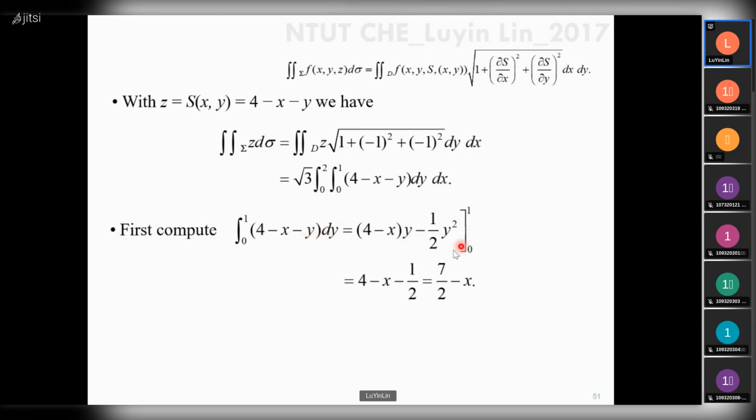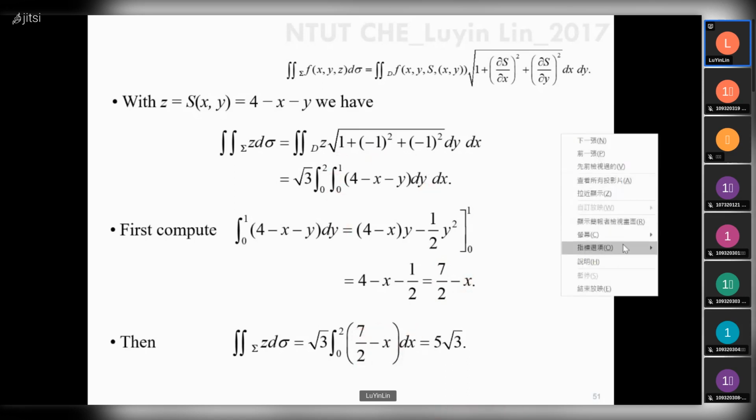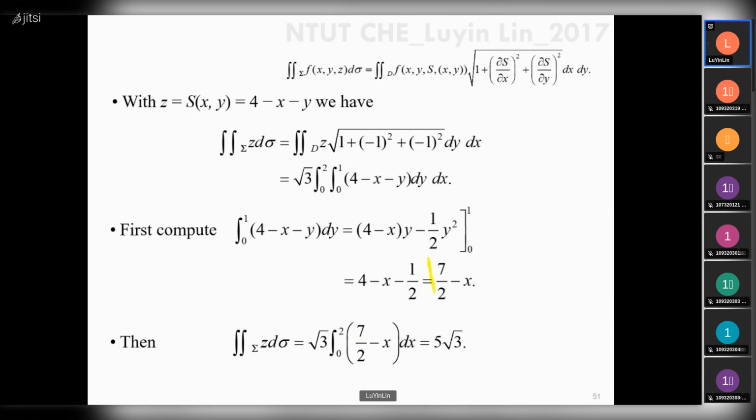The integral of y is this. Put 0 to 1 inside, and you get this answer. Then compute the final answer: put this answer here, and you get this. Then do the calculation, and you can get the final answer.